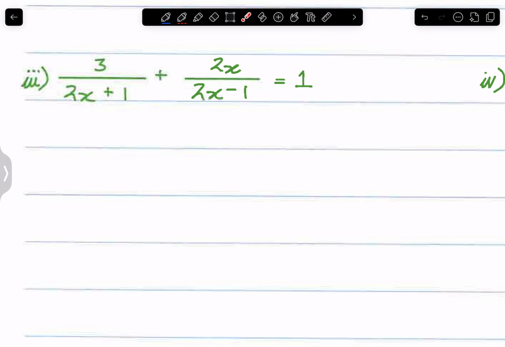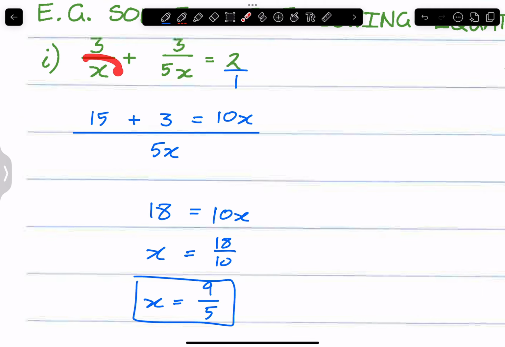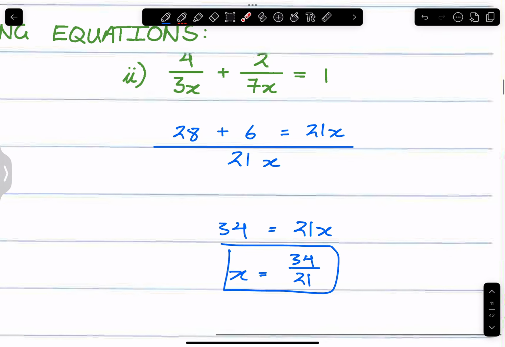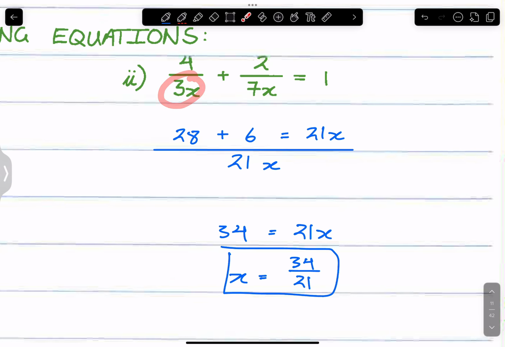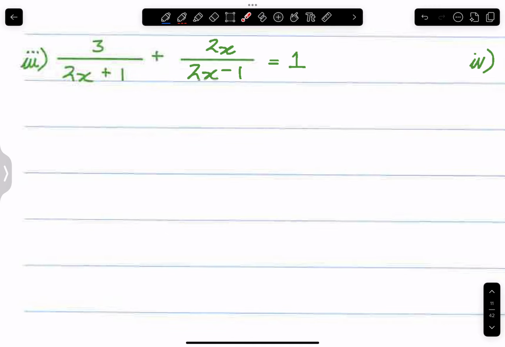Now, previously we could easily identify that the lowest common multiple between these two numbers just becomes 5x. And in this one, we can see that we're just comparing the 3 and the 7 to get 21. However, now we have grouped or more complex denominators.